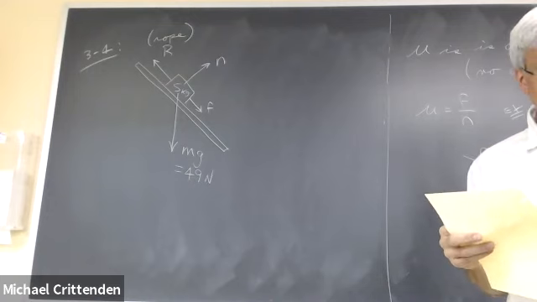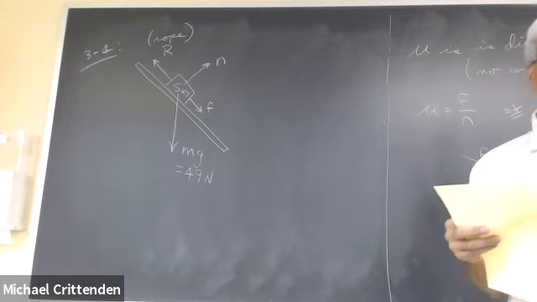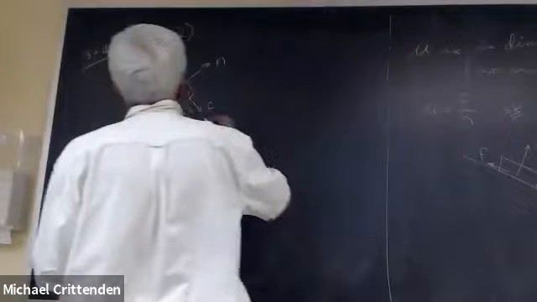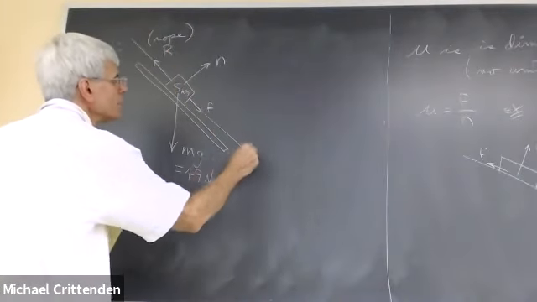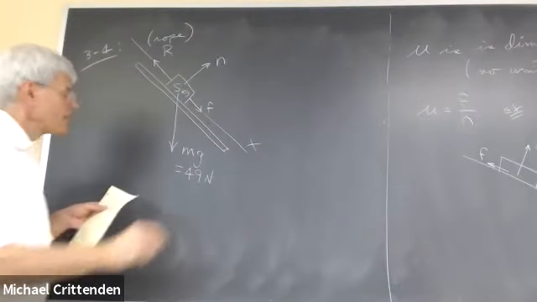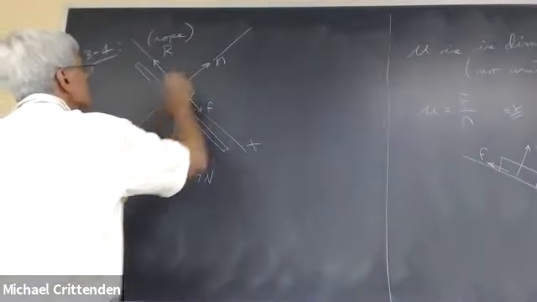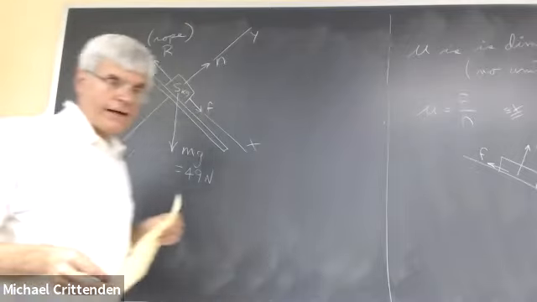Next step is components. And the best way to do the components is along and across the direction of motion rather than horizontal and vertical, which means that instead of being horizontal, the x-axis goes like that. And instead of being vertical, the y-axis goes like that.